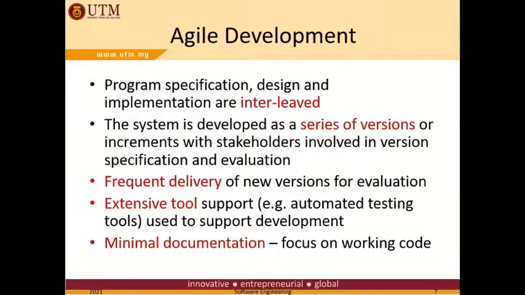All of the agile methods that have been proposed share a number of common characteristics, including: first, the processes of specification, design, and implementation are interleaved. Second, the system is developed in a series of increments. And the last one, extensive tool support is used to support the development process.